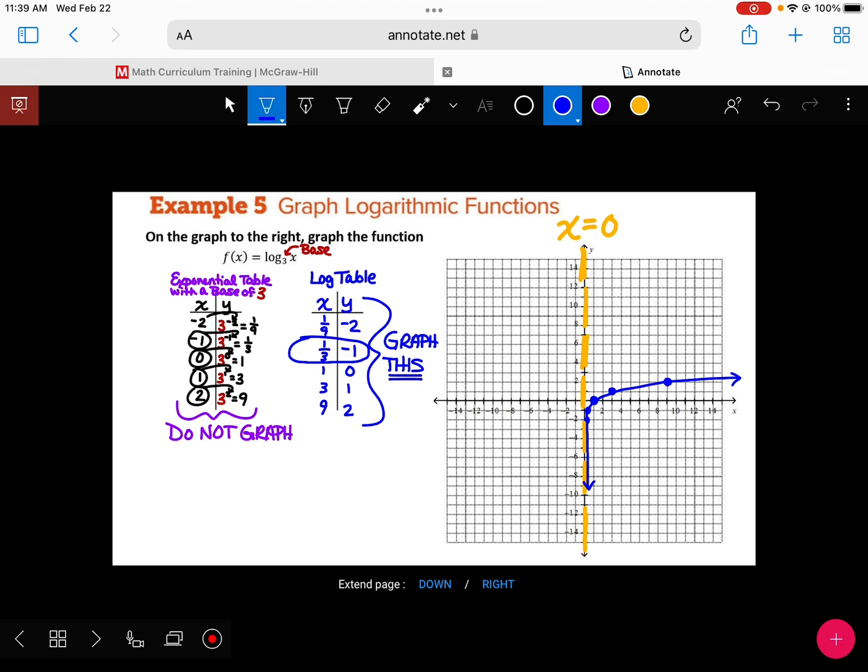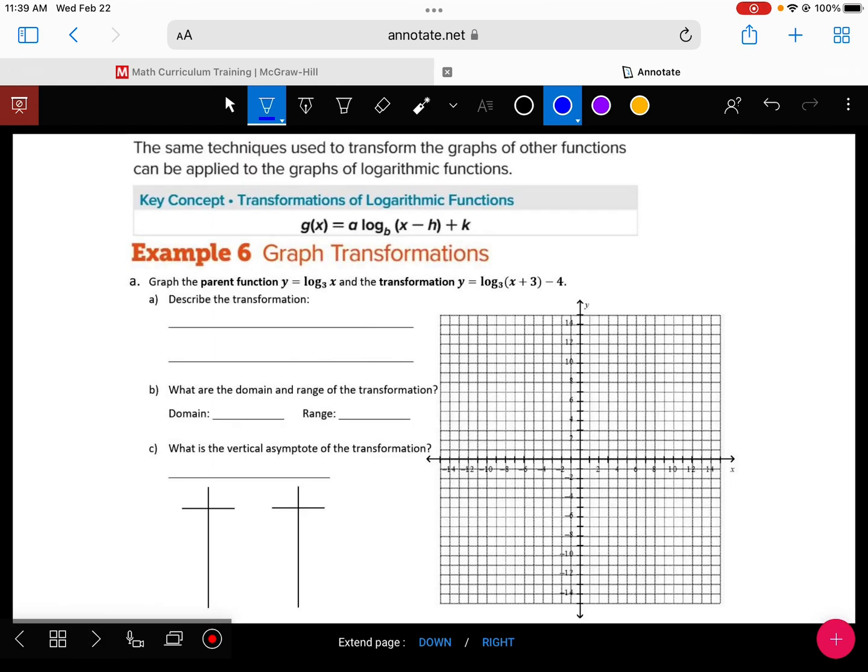Reflects. It can stretch, compress, or reflect. What kinds of things can H do to my graph? Left or right. What kinds of things can K do to my graph? Up and down.